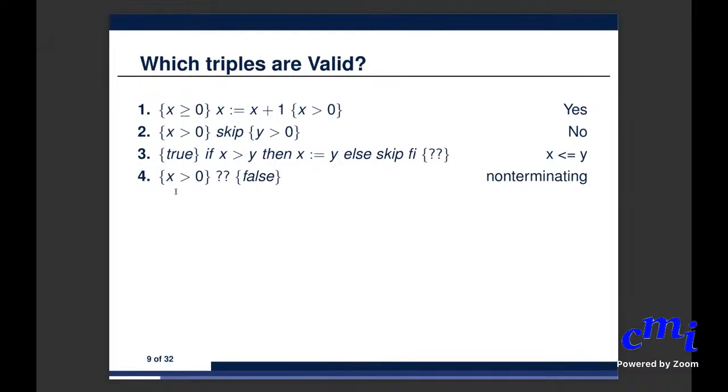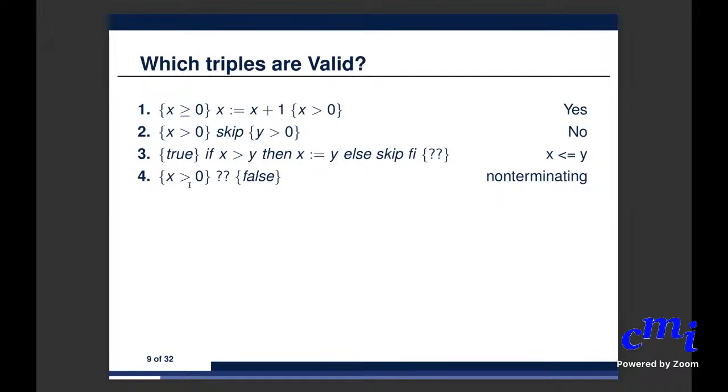Similarly, if x is greater than 0, here the question is, what program can ever make the postcondition false? This is kind of a corner case, a tricky kind of situation, okay? Because there can be no value that can make false true at all, because false is always false. It is never true.